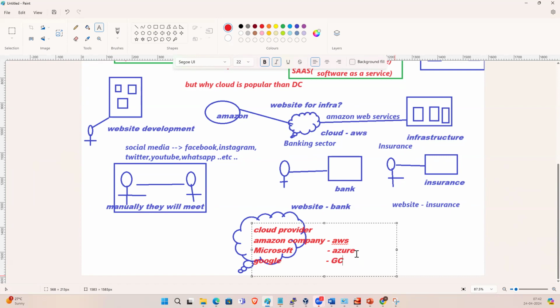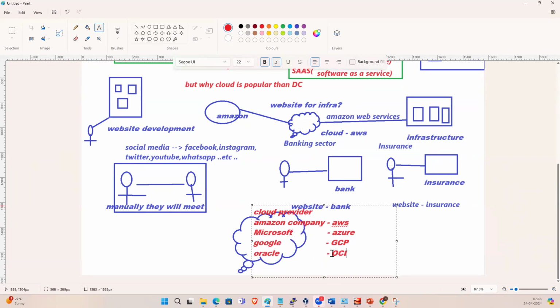Oracle also created their own web services called OCI. IBM also created their own cloud called IBM Cloud.